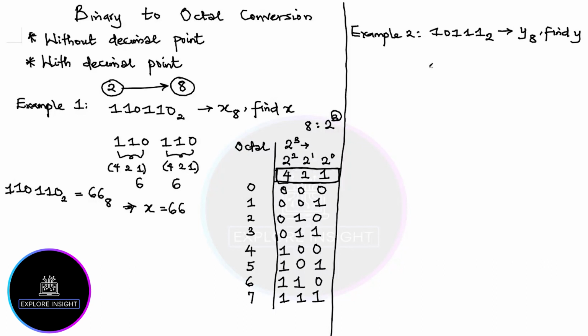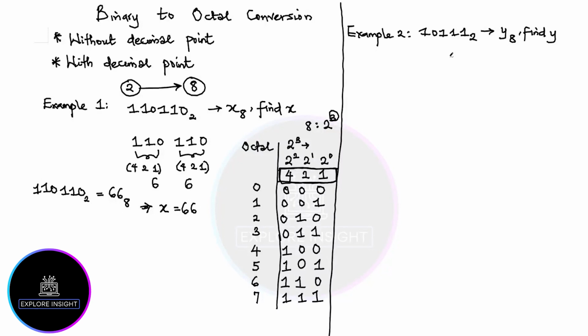So the first thing I'm going to do, I'll spread out this value. That means I'm going to take 3, 3, dealing with the relationship between binary and octal. But if we look at this scenario, we have only 5 digits. So what are we going to do? We are going to introduce what I call padding.